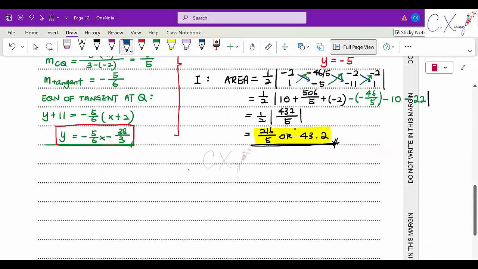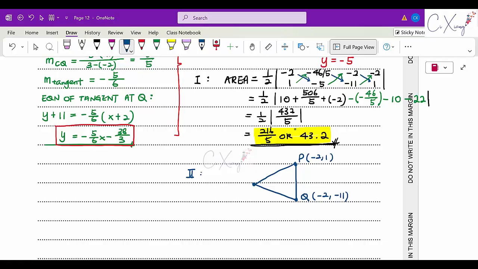Okay, method number 2. So for method number 2, I'm interested to find the area of the triangle. This is the point P. This is the point Q. And this is the intersection point. Okay, for point P, I'm having the coordinate negative 2 and 1. For point Q is negative 2 and also negative 11.